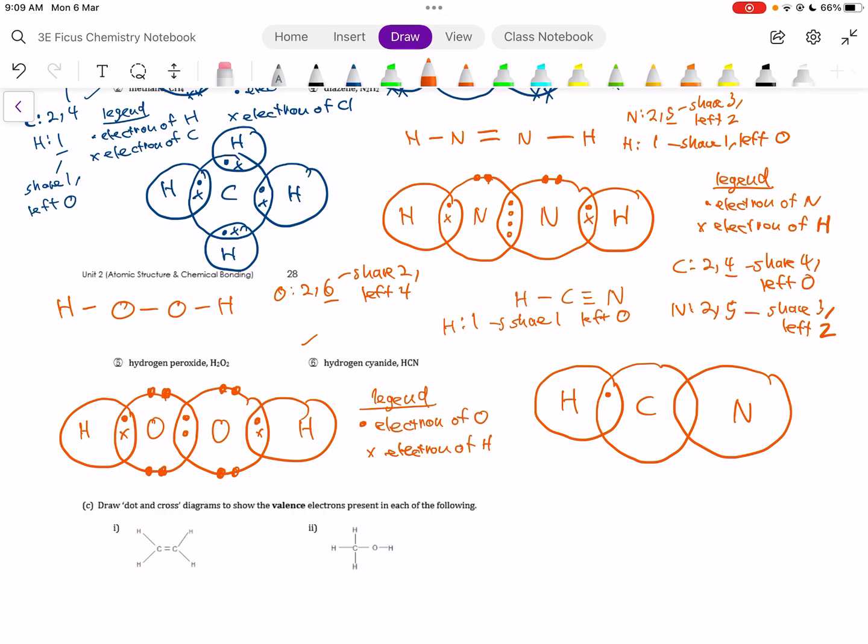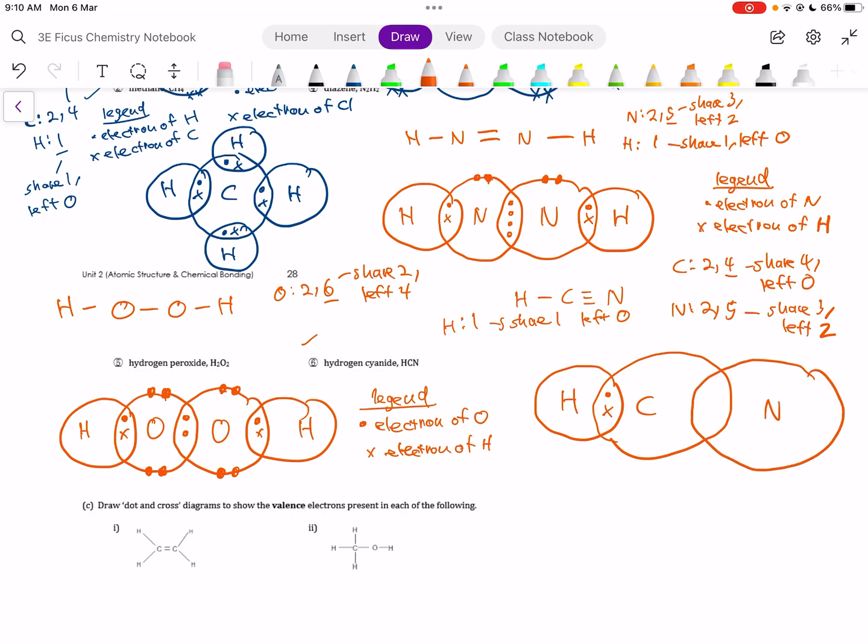I'll use cross for this one. I need a bigger space. Then put the remaining two outside here.